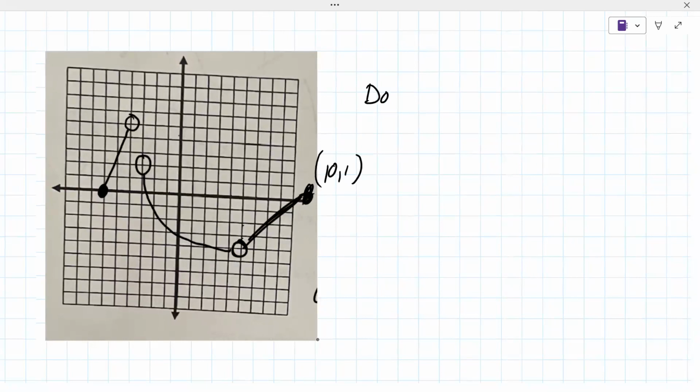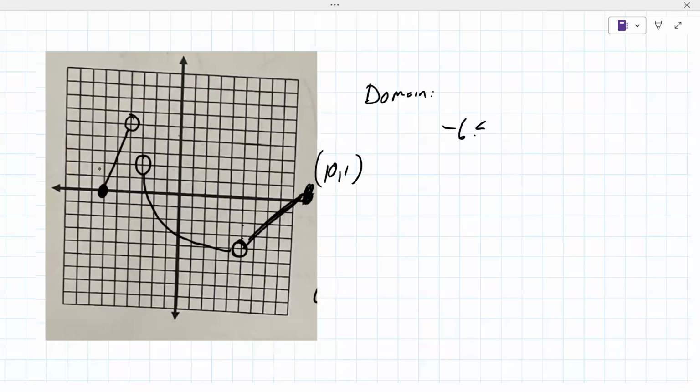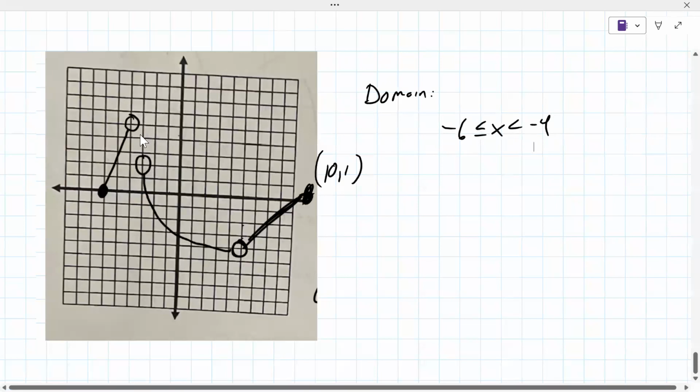So the domain on this one's a little bit more messed up. There's a missing point here. Like it goes from -4 to -3, but there's nothing in between. So it is kind of disconnected there. So this is -6 less than or equal to x less than -4. That's this first piece.